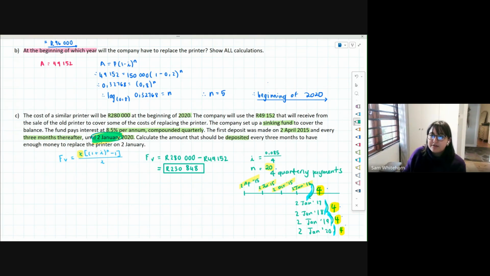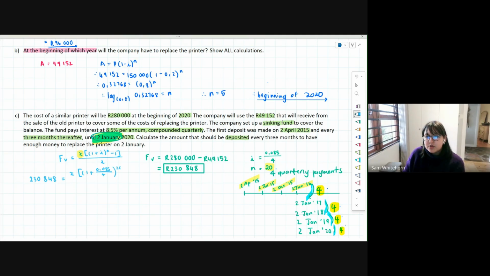Okay, so now we have all of our values and we can substitute into our future value formula. So the future value we worked out was 230,848. That's the amount I need to have saved. We are looking for X, which is being multiplied by 1 plus my interest, which is 8.5% compounded quarterly.